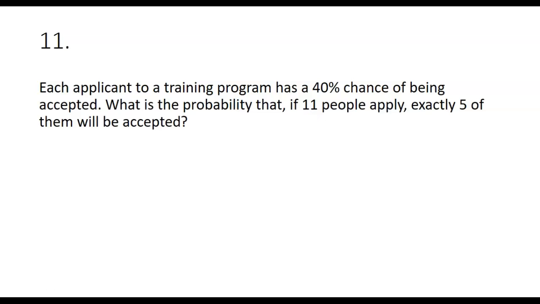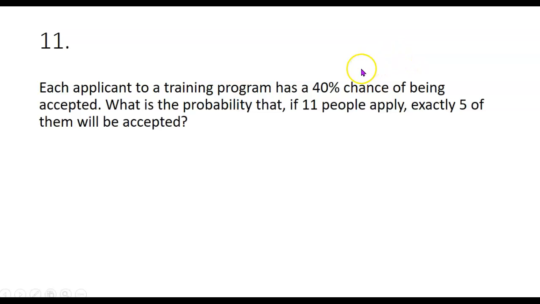That's a binomial probability question. So the n is the bigger of the two whole numbers. Here, 11. That's the number of trials or the number of times that something could happen. And then the smaller whole number, 5, is the x. That's how many times it actually does happen in the situation we're talking about.